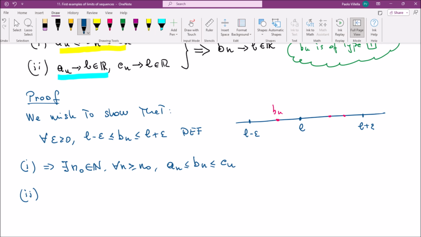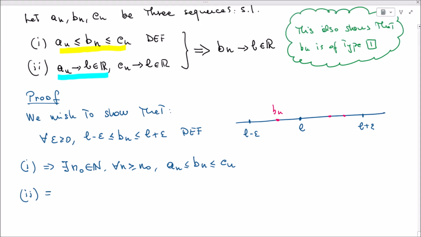The fact that An is convergent to L implies that there exists an Na natural number such that for every n larger than or equal to Na, we know that An will be between L minus epsilon and L plus epsilon.